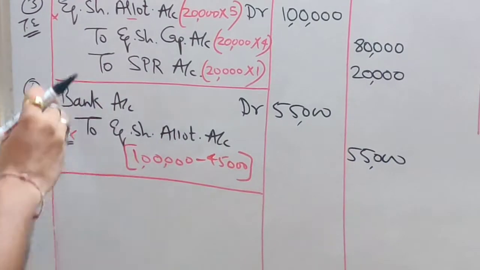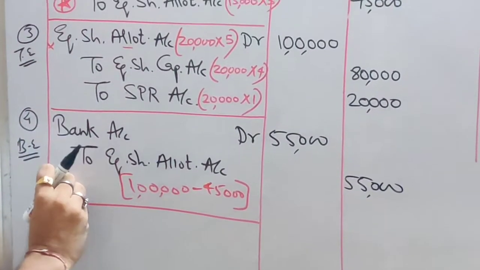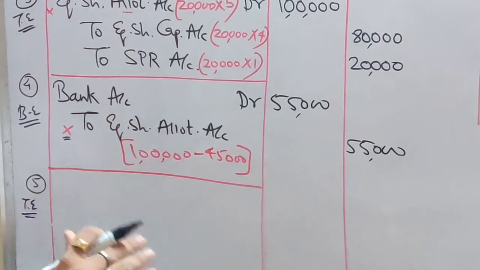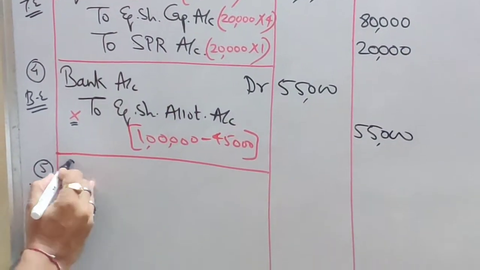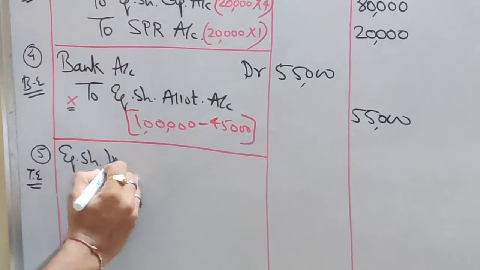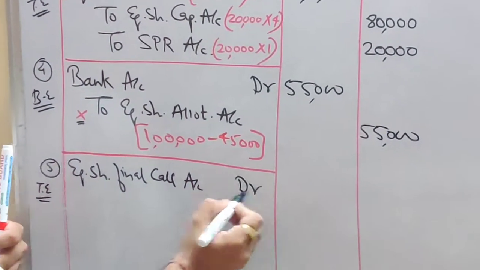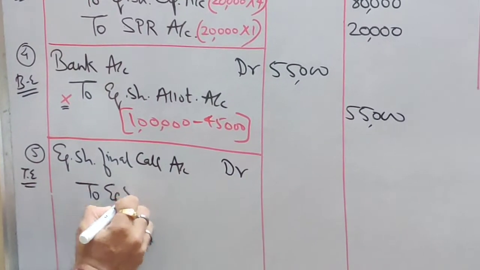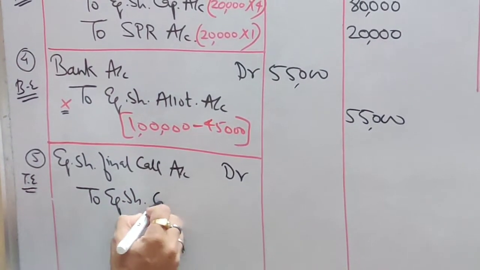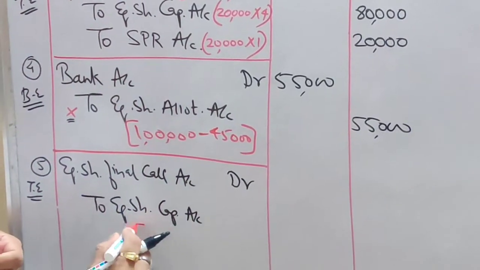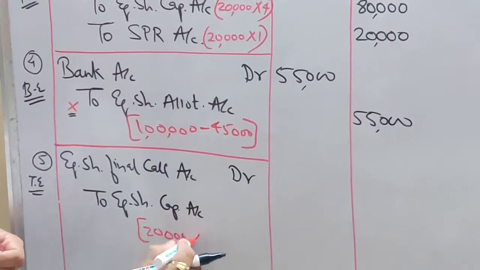Now, after this allotment entry, you are supposed to pass the transfer entry for the final call, which is very easy. Tell me, equity share final call account debit to equity share capital account. How many shares we have allotted, students? 20,000 shares.